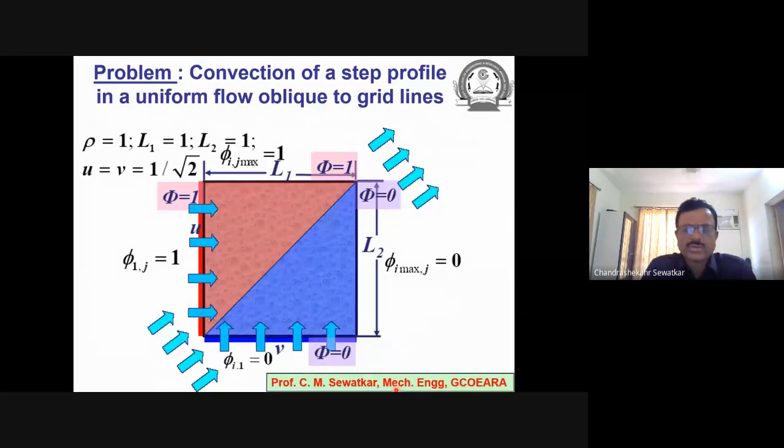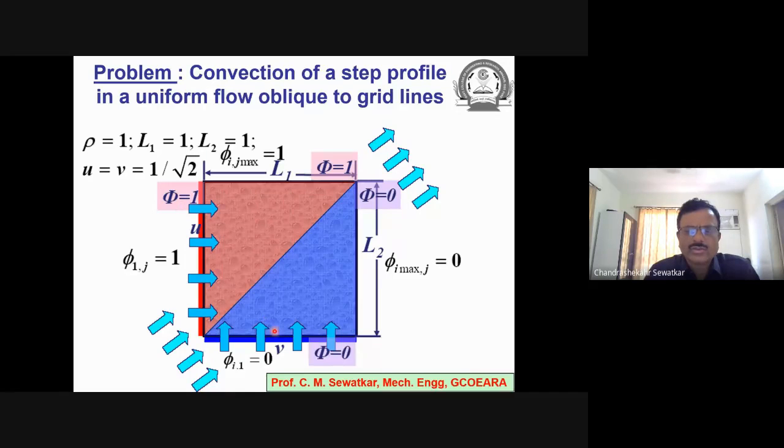Now let us come to the solution part of it. We have implemented these convection schemes for the problem which we talked about at the beginning itself. There is an oblique flow occurring over the domain. This oblique flow can be resolved into two components, that is u velocity and v velocity.